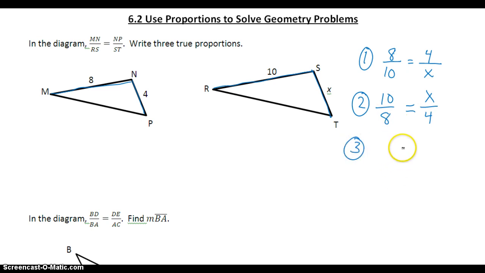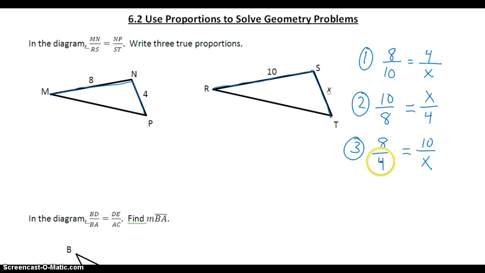The third thing that I can do: in these two proportions, I'm relating a side to a side of two different triangles. I can stick within the one triangle. So I could say MN relates to NP, 8 to 4, relates to 10 to X. Notice that when I look at my proportion, in my numerator, 8 and 10, I've kept this ratio.